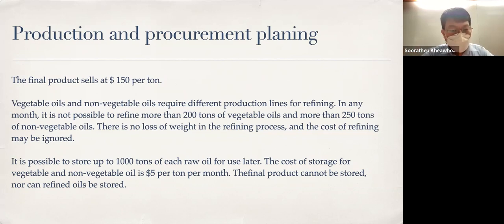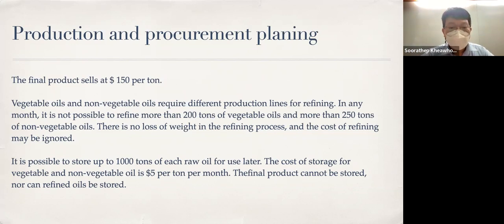Okay, in any month, it is not possible to refine more than 200 tons of vegetable oils and more than 250 tons of non-vegetable oil. This condition defines the maximum capacity for the refinery of vegetable and non-vegetable oils.